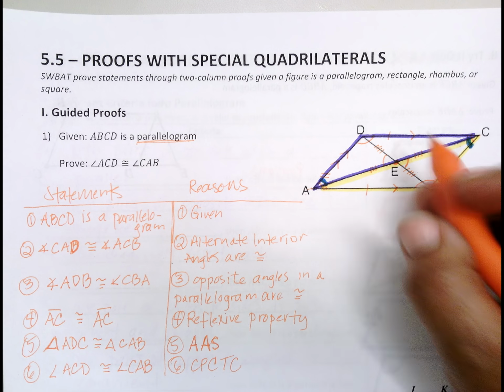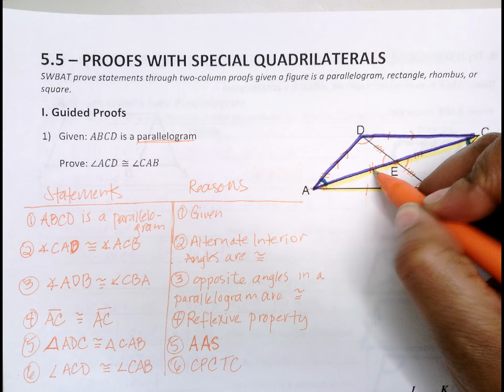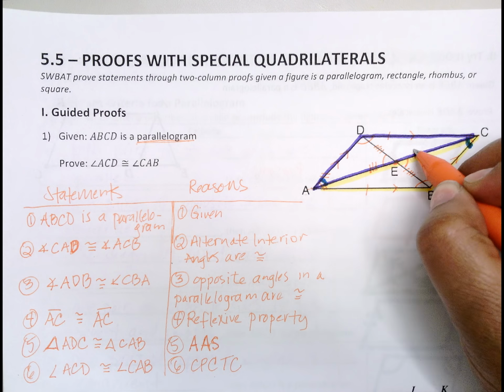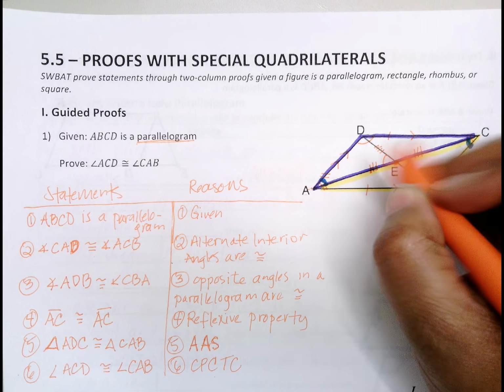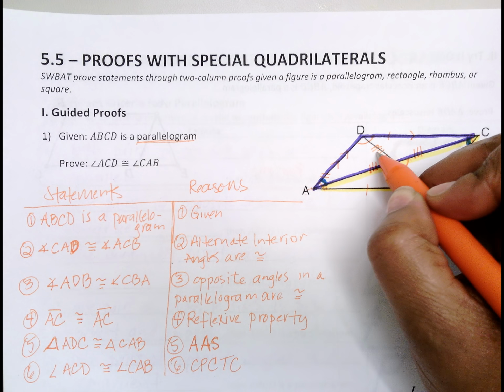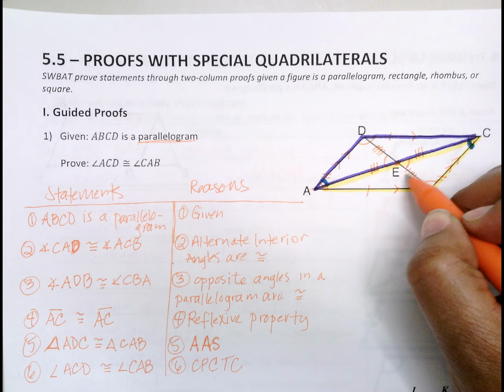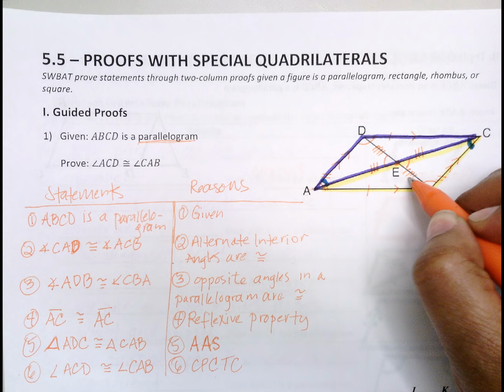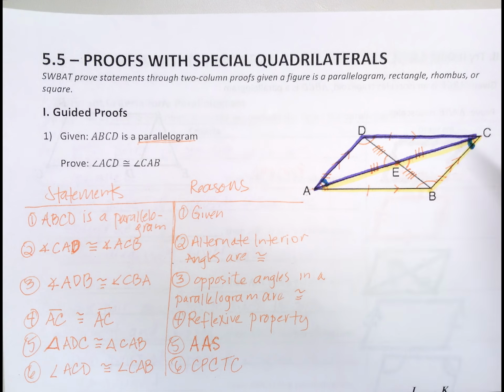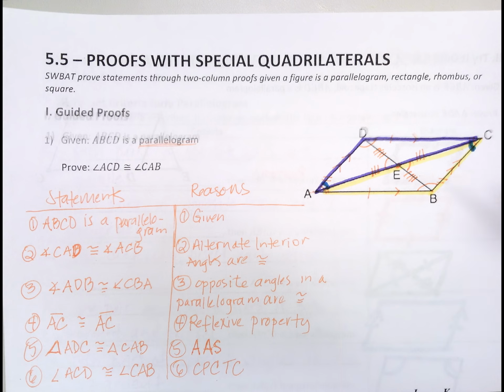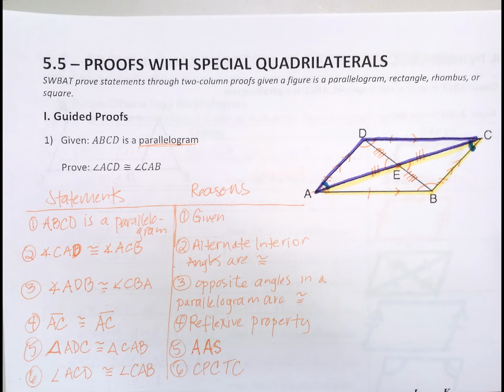So that means that I have 3 tick marks here, I have 3 tick marks here, I have 4 tick marks here, and I have 4 tick marks here. Okay, so essentially what I do is I mark up the figure, and I always tell you guys to do that. Mark it up so that you start to have all this information, okay?